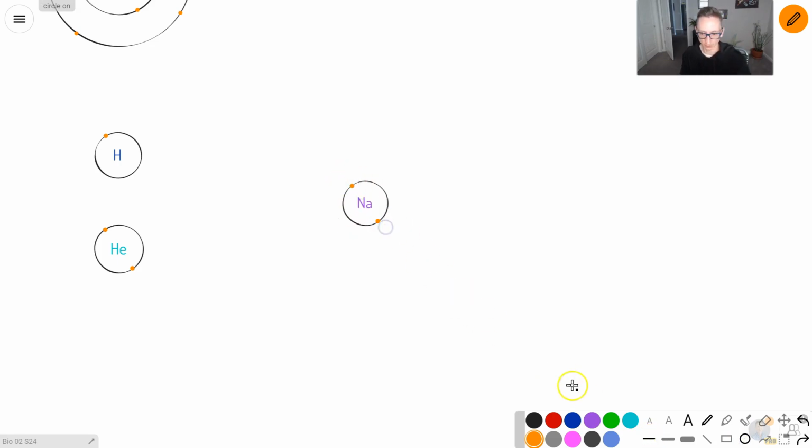Then we got this next orbital. So we got 1, 2, and then we can add 8 in here: 1, 2, 3, 4, 5, 6, 7, 8. So that's a total of 10. So we actually need 1 more shell.